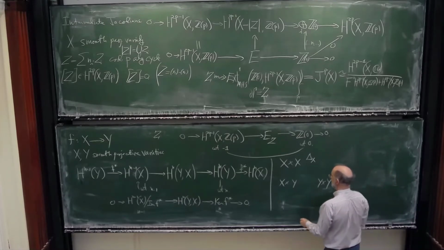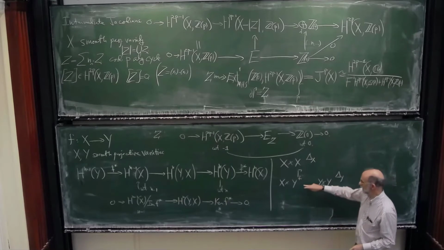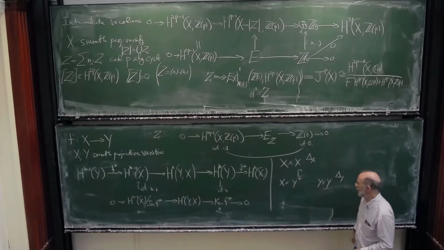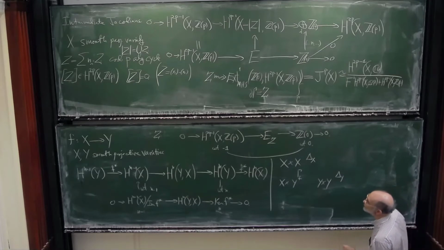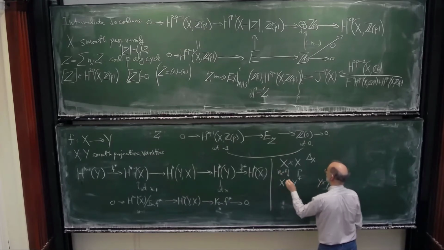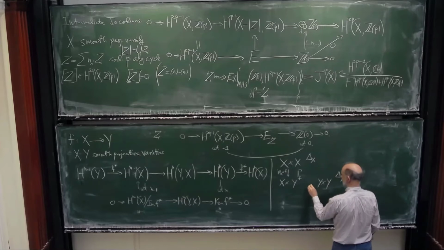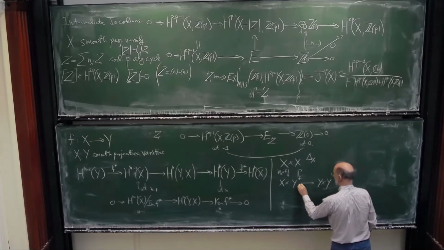And here I have the graph of f, which is also an algebraic cycle. And let's see, how does it go? X maps to y, so I have here identity on x cross f, and I have here f cross the identity on y.